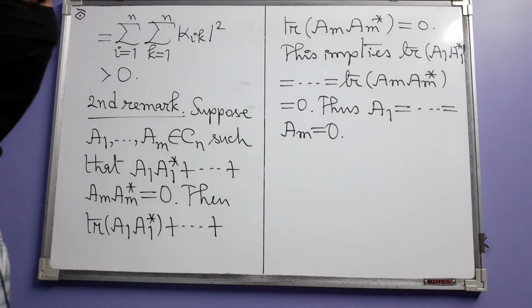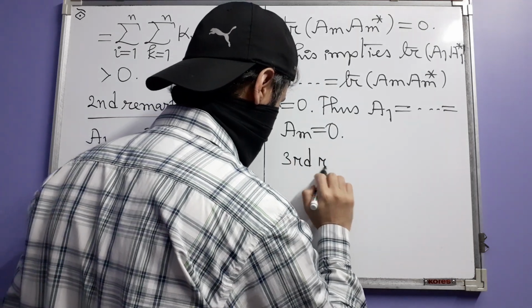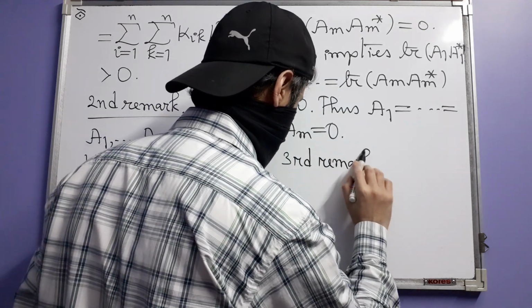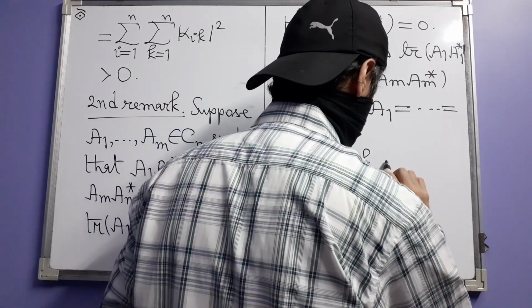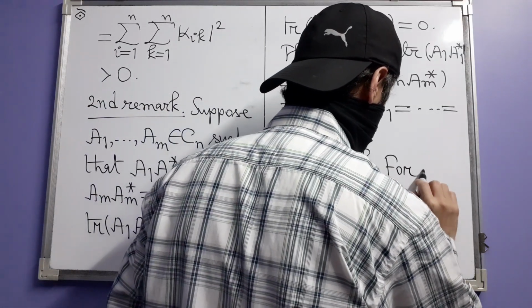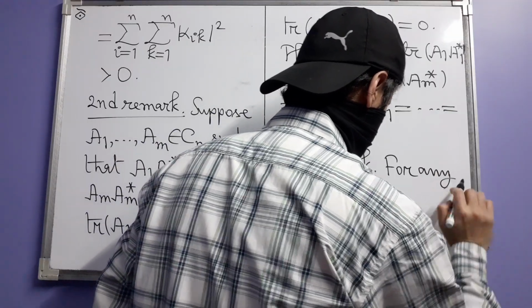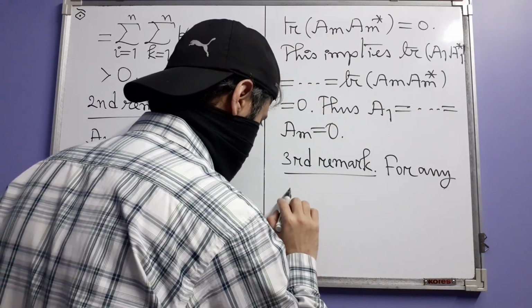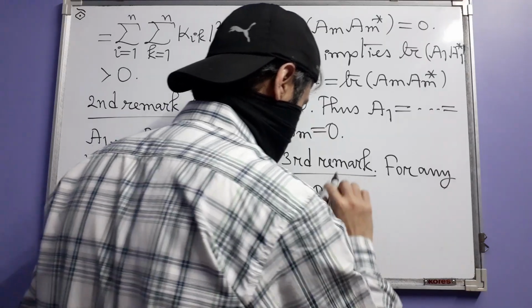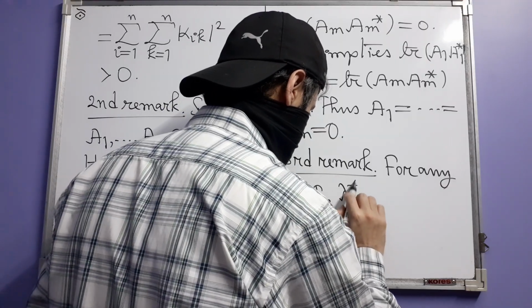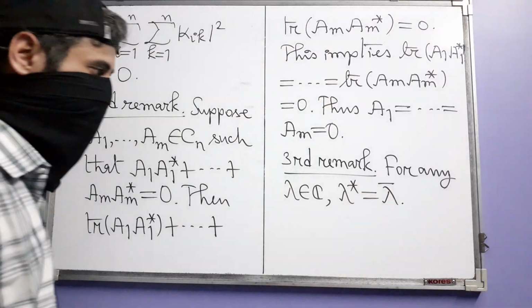And there is a third remark also. The third remark is this: for any complex number lambda, lambda star is equal to lambda bar.